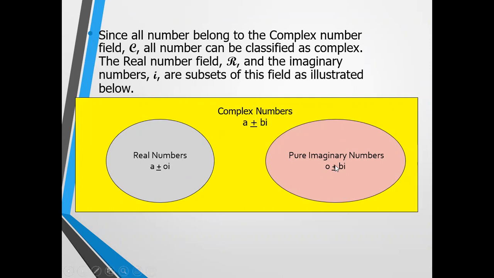If you have a purely imaginary number, all you need to do is add 0 to it or subtract 0 from it. So that's why we say a complex number is a number that has a real part added to or subtracted from an imaginary part. That is the simple definition of a complex number.